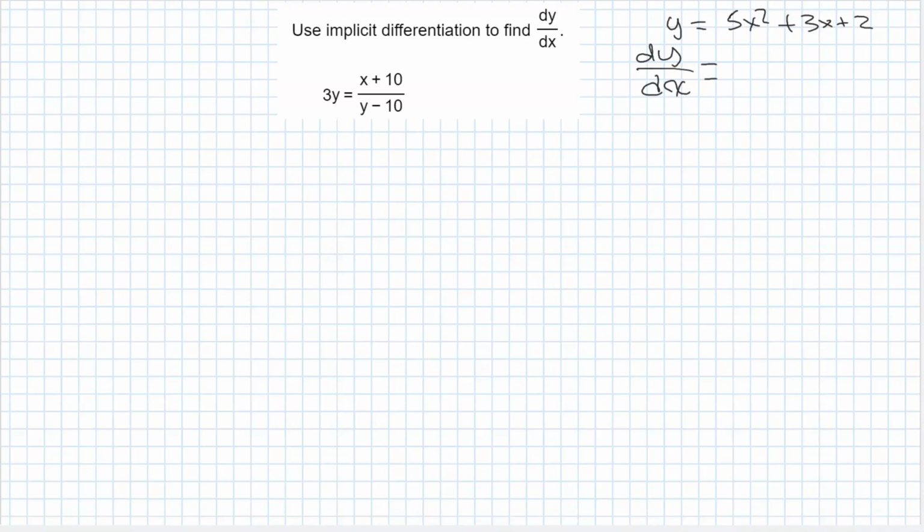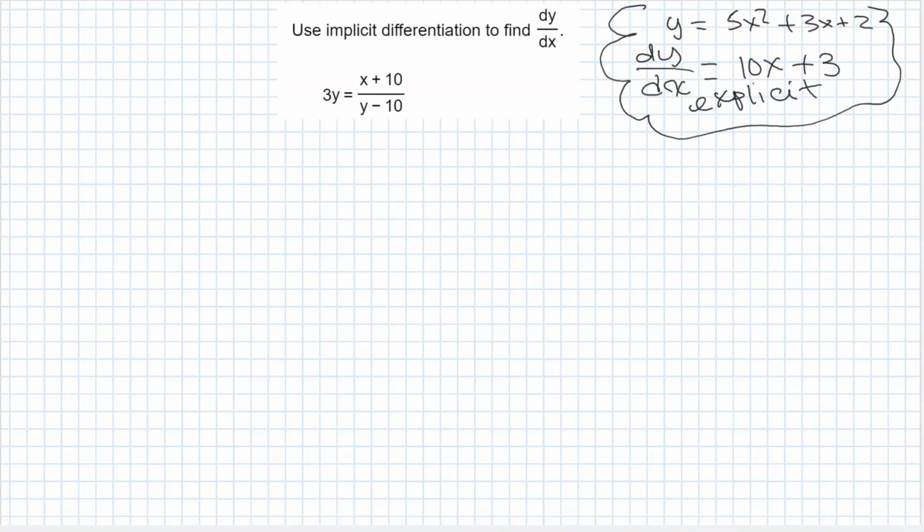So we are saying the derivative on the left-hand side is dy/dx, and then the derivative on the right-hand side is 10x plus 3. Now, this is when you have y written explicitly in terms of x.